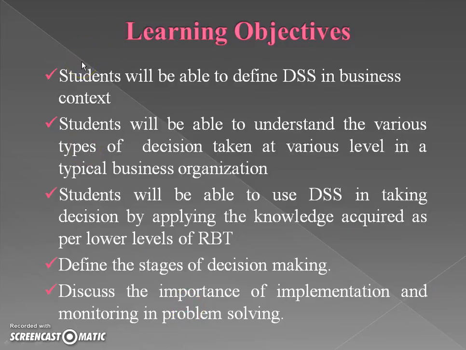Students are going to learn this particular topic and they have certain objectives, and we are calling them learning objectives. The students will be able to define the DSS in business context. The students will be able to understand the various types of decisions taken at various levels in a typical business organization setup.